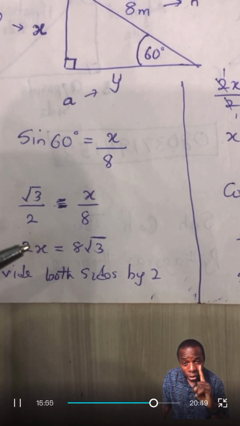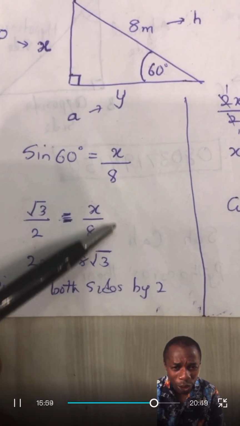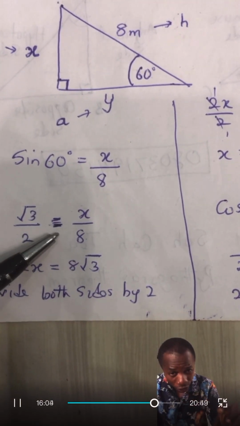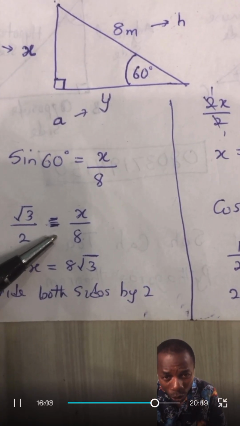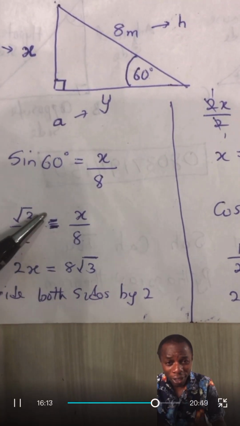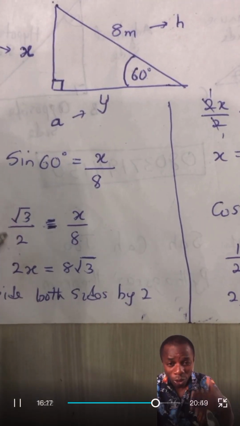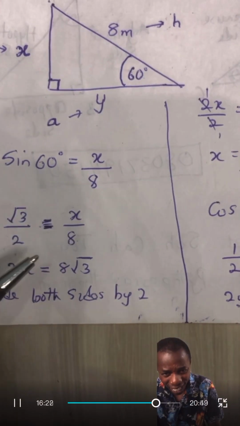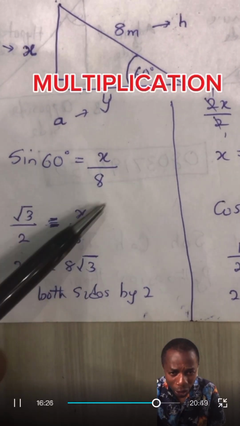So when you have a single fraction on the left hand side and a single fraction on the right hand side, under an equation, an equation being one that comes with an equal sign, then you can make use of cross multiplication.